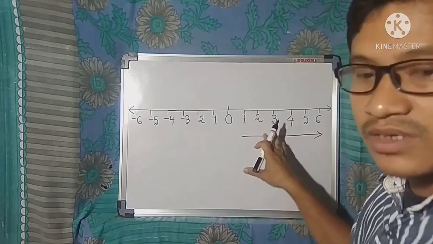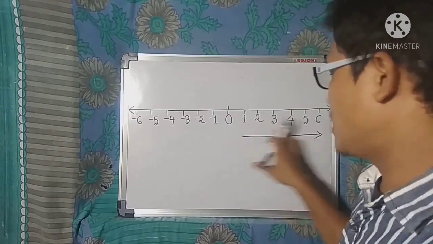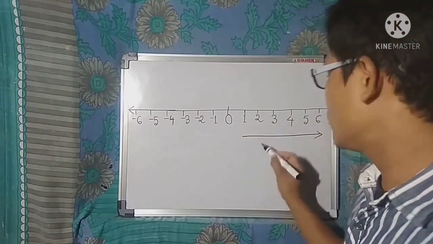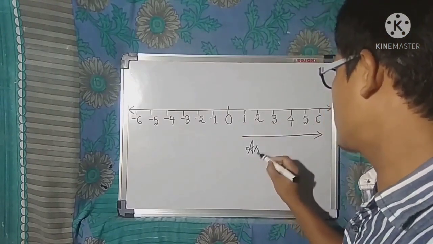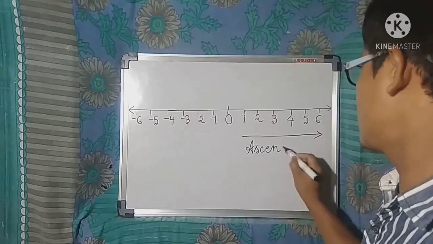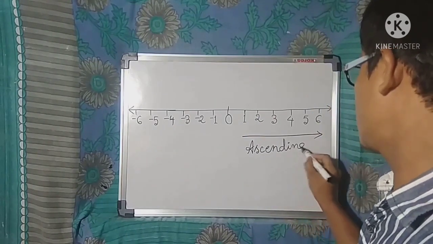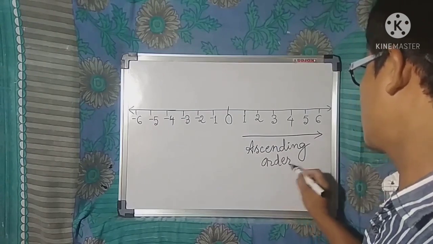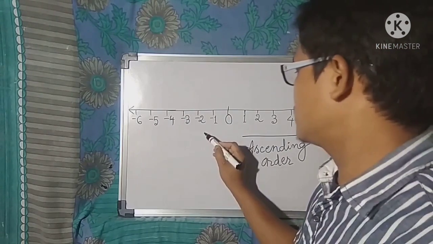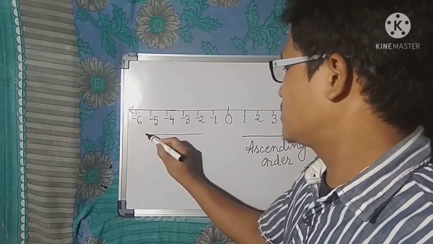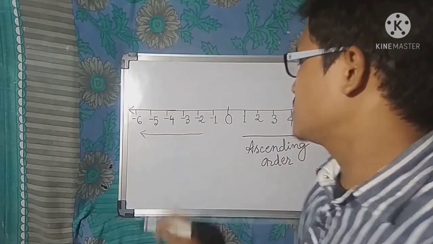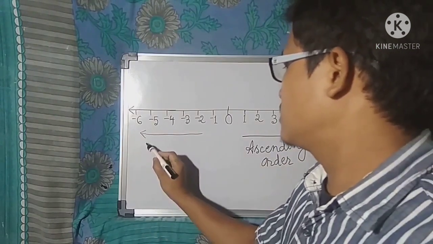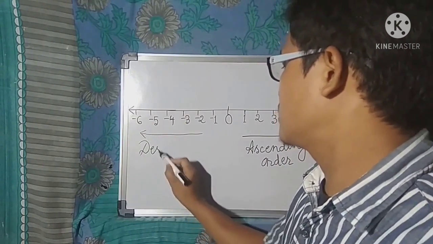These positive integers are in ascending order, whereas negative integers are in descending order.